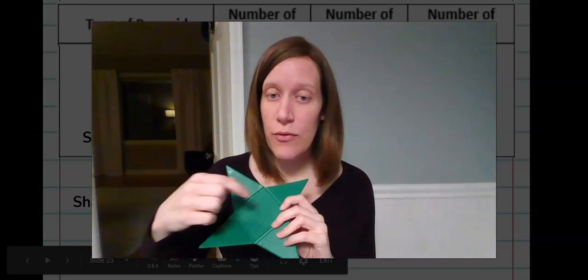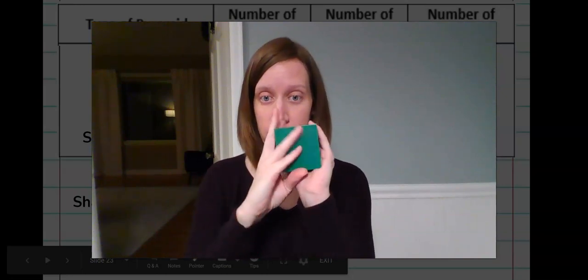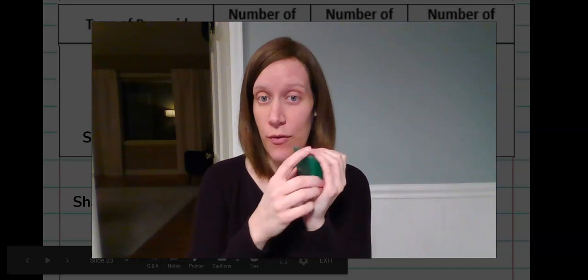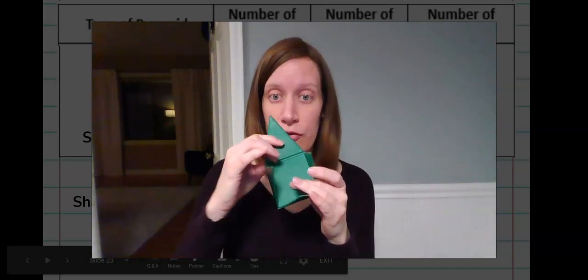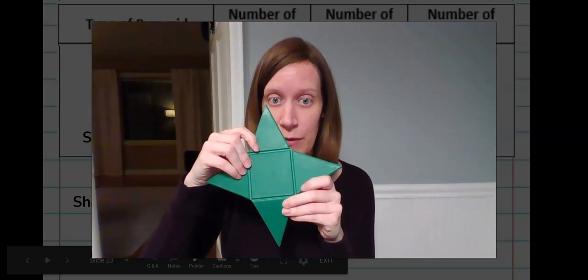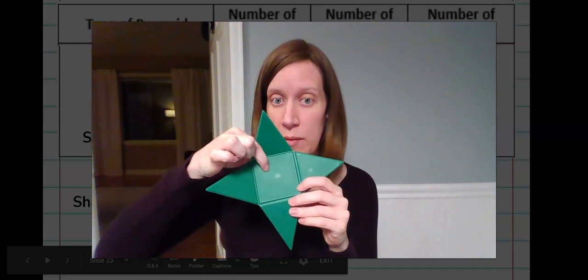So again, we're going to use the number of sides right here. Because our base is a square, and a square has 1, 2, 3, 4 sides, we are going to need 4 triangles around the side, 1 for each side of that square. So we have 4 faces plus our 1 base.